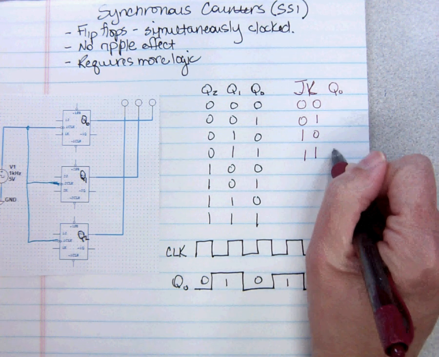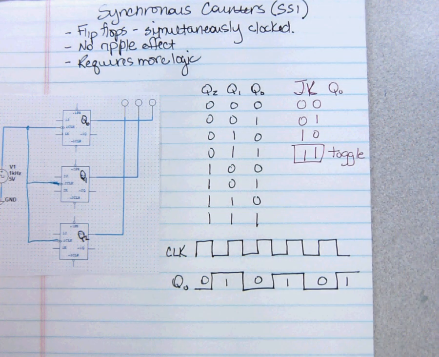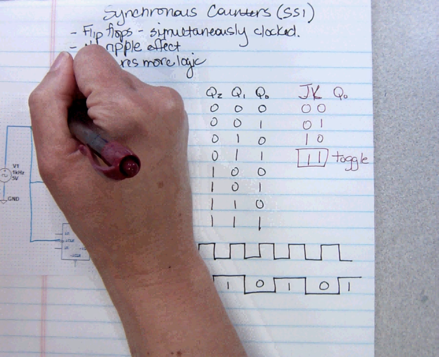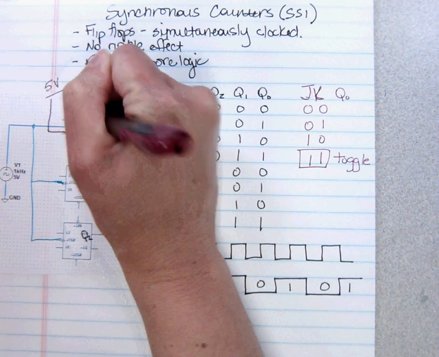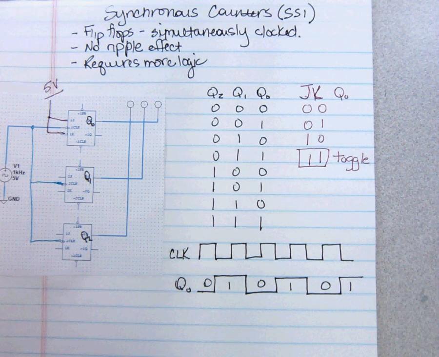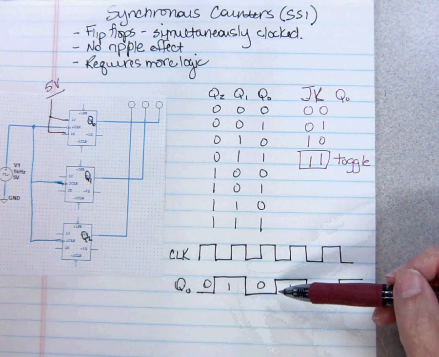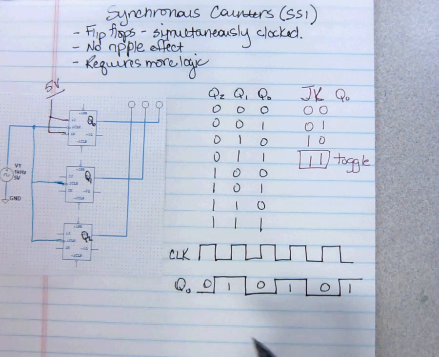Now, when I want my flip-flop to toggle, I want both of my inputs to the JK flip-flop to be set to a 1. So what that means is I need both of those set to 5 volts. Okay, so we've created the first part of our counter. That first flip-flop will be creating a Q0 output that will be alternating 0, 1, 0, 1, 0, 1 at half the frequency of the clock input.